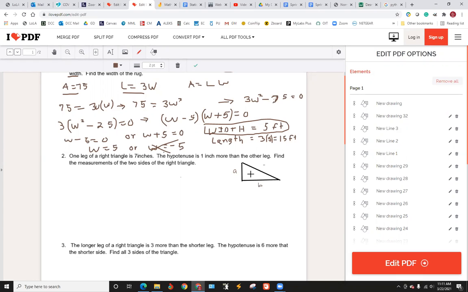Sometimes it's called h, but we'll just go with it. H is the hypotenuse.